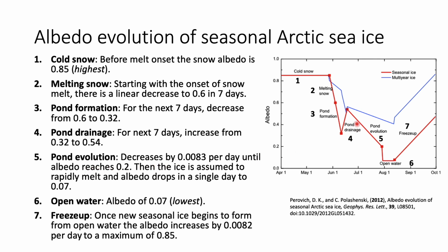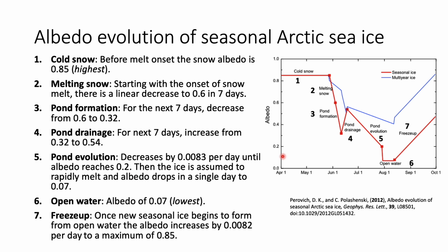Here it is again getting reduced, and if you look here, maybe in the month of August as shown here, this leads to open water. The open water has the lowest albedo effect, and in the pond evolution it goes down to 0.08. Here every day it decreases by a small amount. In other words, the albedo keeps on reducing till it reaches the value of 0.2.